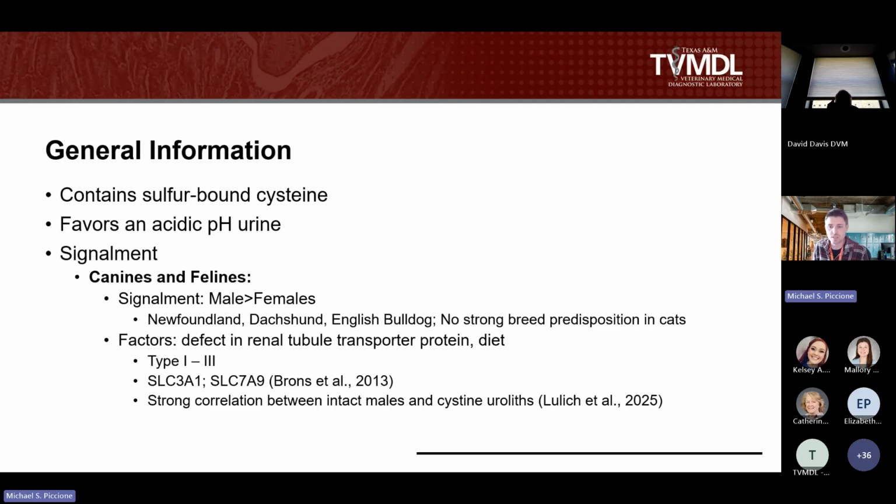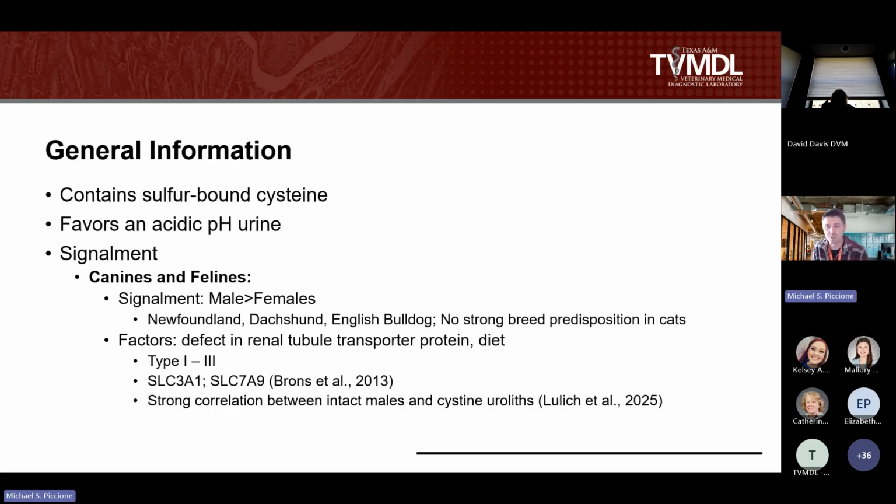So these genes are responsible for coding an amino acid transporter, which we just talked about. Those amino acid transporters are responsible for reabsorbing cysteine. So as you can imagine, if you have a defect in that coding, those amino acid transporters don't work as efficiently as possible. And unfortunately, these transporters primarily work in the proximal renal tubules.